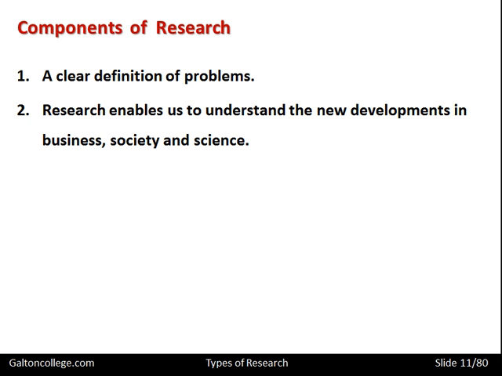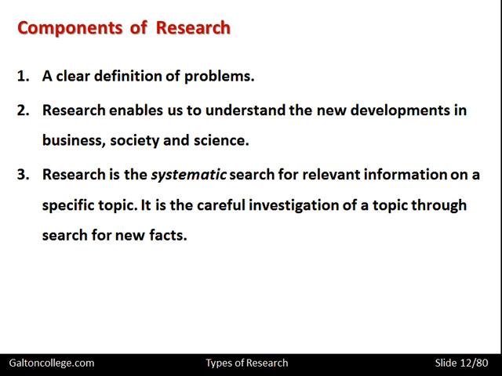So it's research that helps us to understand the latest trends. It's research that enables us to see what is happening precisely in business or in society or in science. And it does this objectively. It reports the facts openly and honestly.